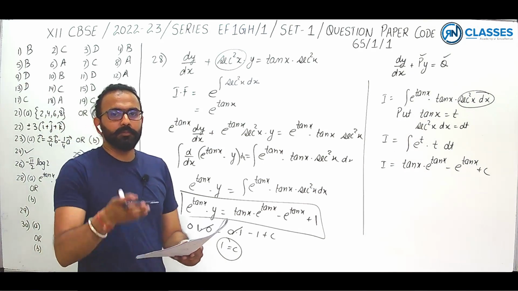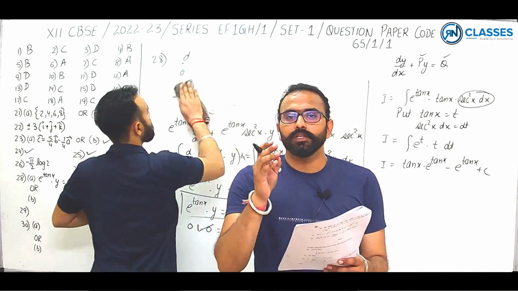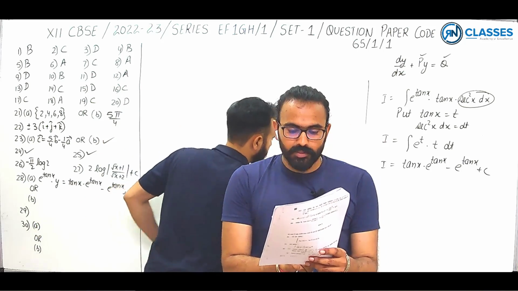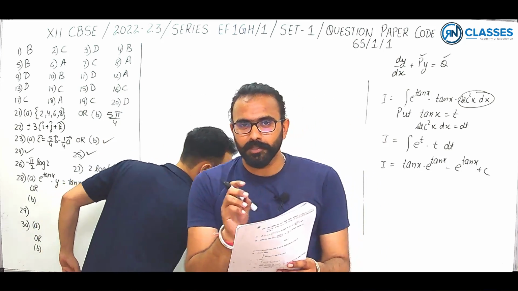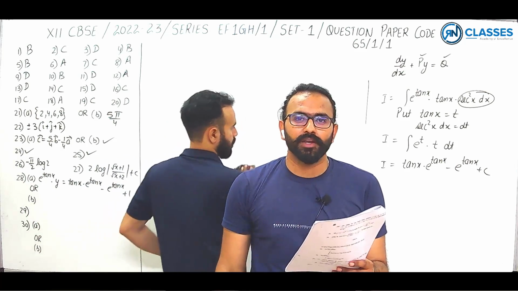Now the second part of question number 28 is we have to solve the given differential equation. To solve the differential equation, the first step will be that we need to find dy by dx.